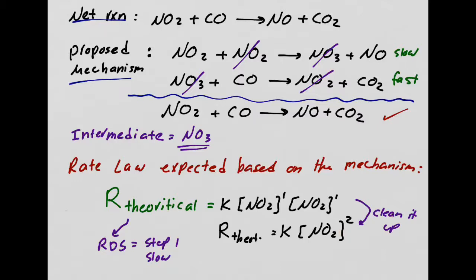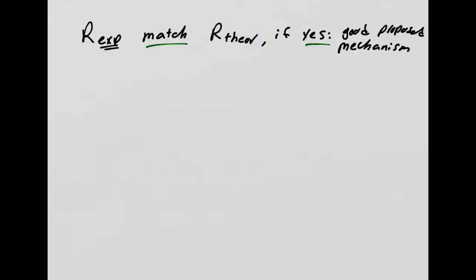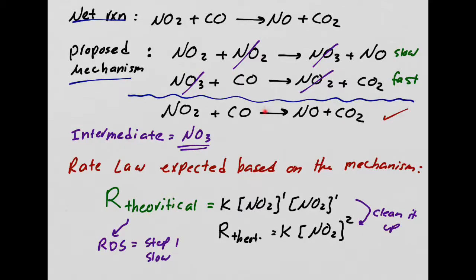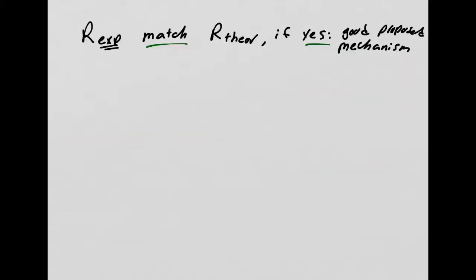0 order. Okay, I know you are probably lost right now, so that's why I want to make sure you're not lost. So my net reaction, okay, this was my net reaction. I'm going to go back here. When I said 2 minutes, I meant like 3 minutes.